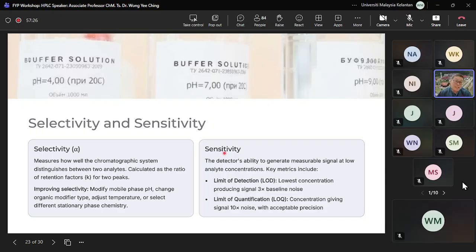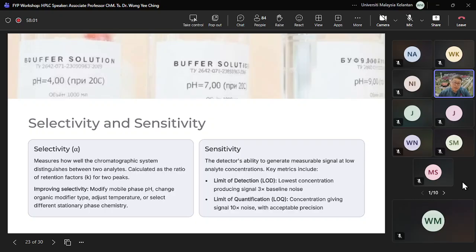This is particularly useful when you are doing quantification. For extraction purposes, you only extract a bit, but you just want to identify whether the compound is present in your extraction. If you can still detect it at very low concentration, it means the instrument setup sensitivity is very high, which is good for your research on quantification.